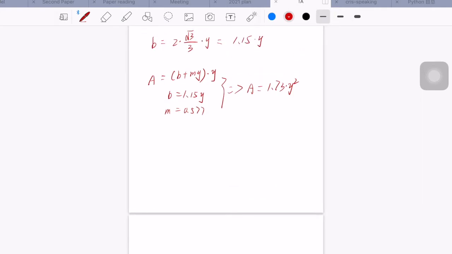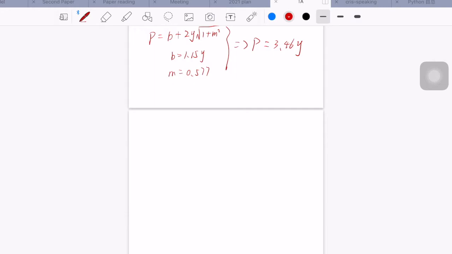And the P equals the B plus 2 times Y times square root of 1 plus M squared. And the B equals 1.15 times Y, and M equals 0.577. So we can get that the P equals 3.46 times Y.